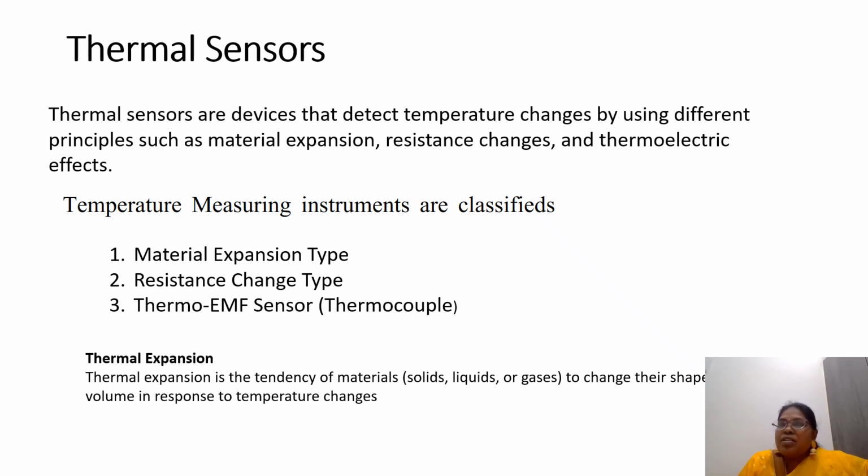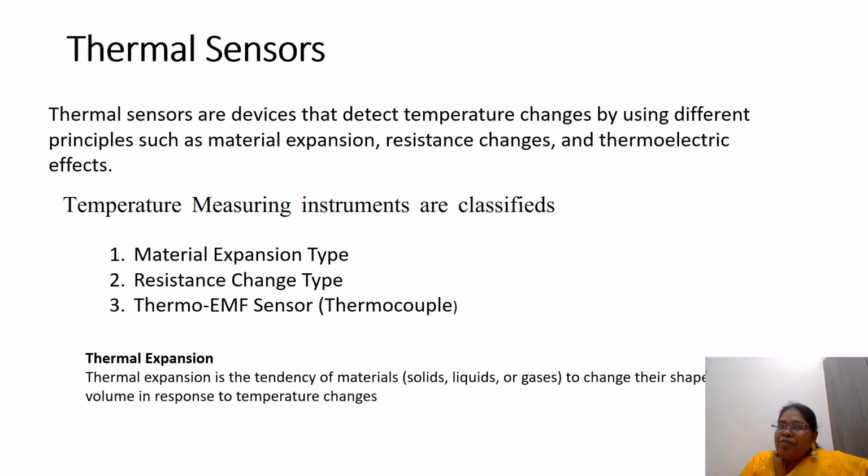Here we have certain principles. Based on the principles, the sensors can be classified. So what are those principles? One is the material expansion. Due to material expansion, the temperature may change, and due to changes in resistance, the temperature may change, and due to the thermoelectric effect, the temperature may change.